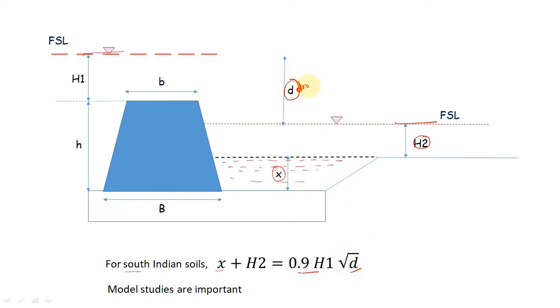It is the difference between the FSL on the upstream side and the FSL on the downstream side, or the difference between the bed level on the upstream side and the bed level on the downstream side. Either way, you can call it the total drop. Based on this we can find this x value, that is the depth of cushion.